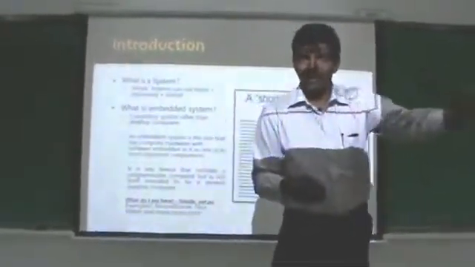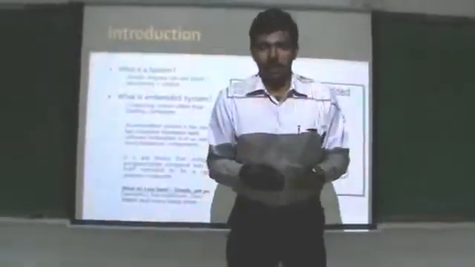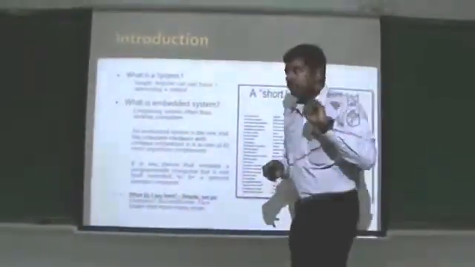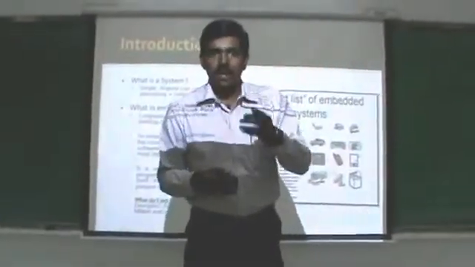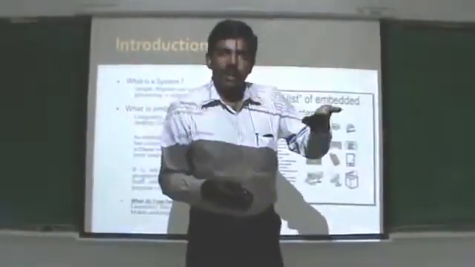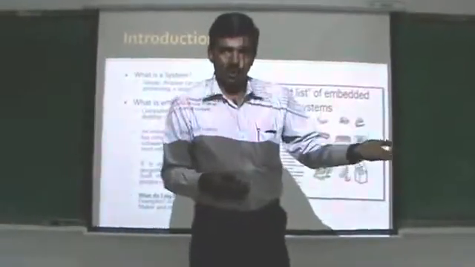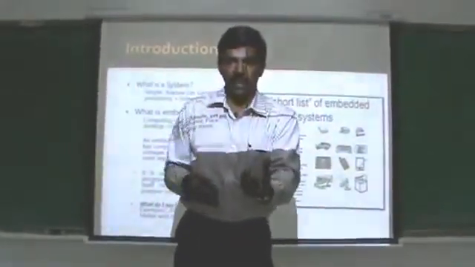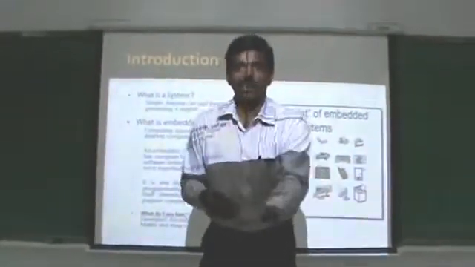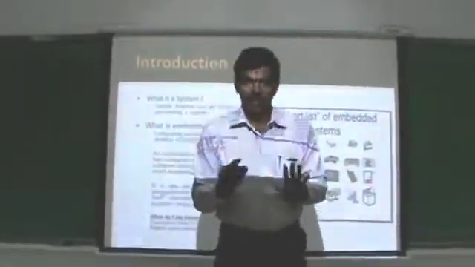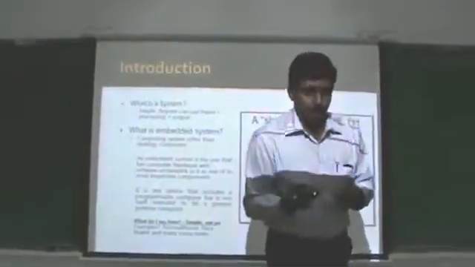So let me put it in a way that you can easily understand. Let me take a simple example. Let us take a pacemaker. So what is a pacemaker? When the heartbeat of a particular patient goes low, if there is a pacemaker fit inside, the pacemaker will make sure that the patient is not dying and it will increase the heartbeat on time. That is what the pacemaker is all about.